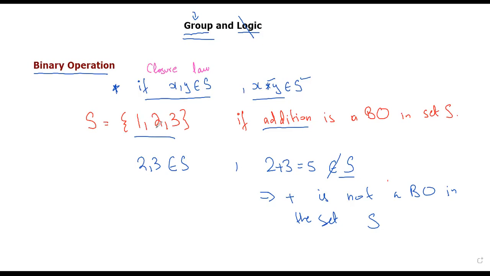So let's talk about this. I'll make a table. Okay, so we need 1, 2, 3, 4, 5.